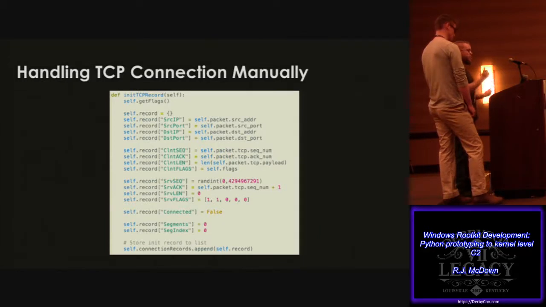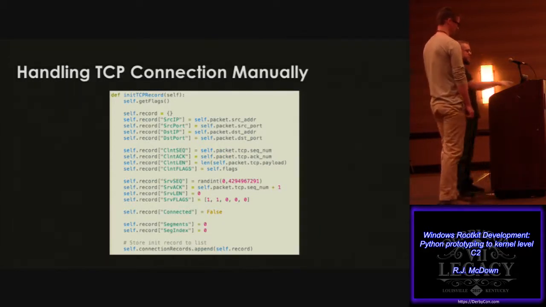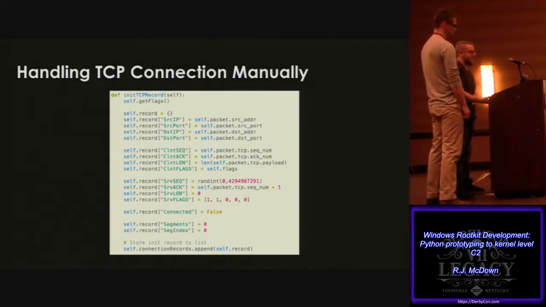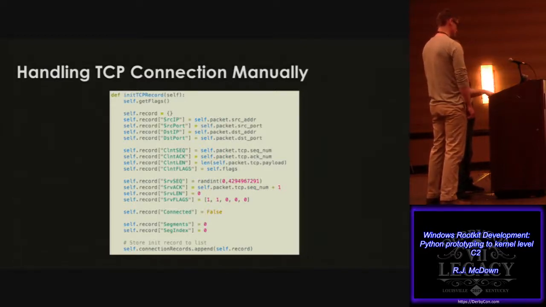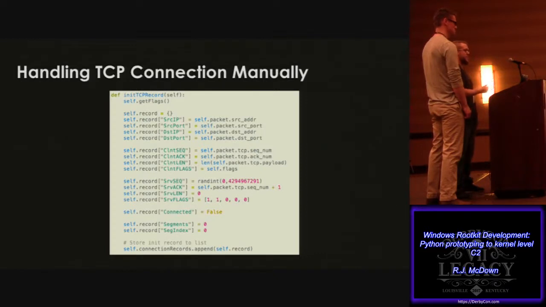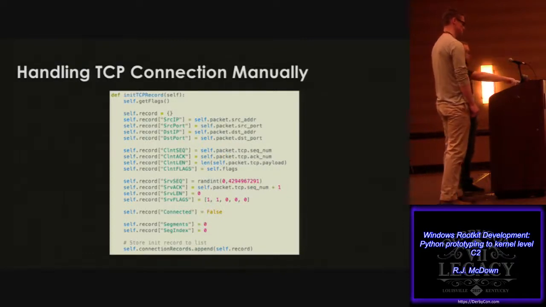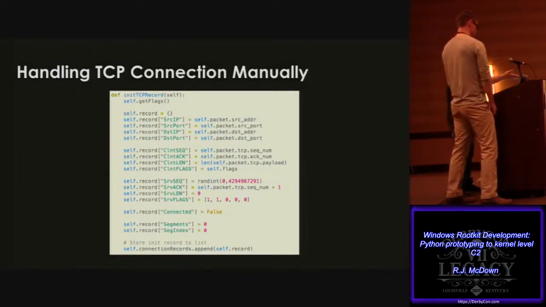And so what we did is we implemented TCP manually. It's not going to be RFC compliant, but it's under active development and it works. The client that we're using is using Python sockets, so it's able to maintain a valid TCP connection, calculates the sequence numbers, all that. You can see a code snippet here.